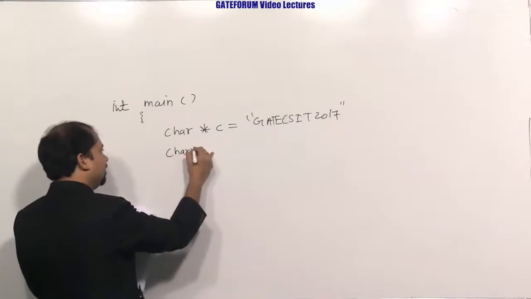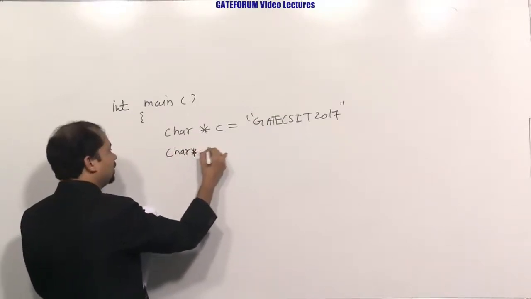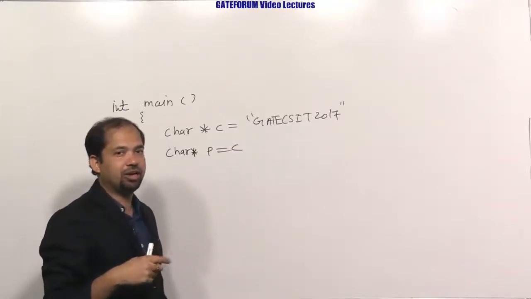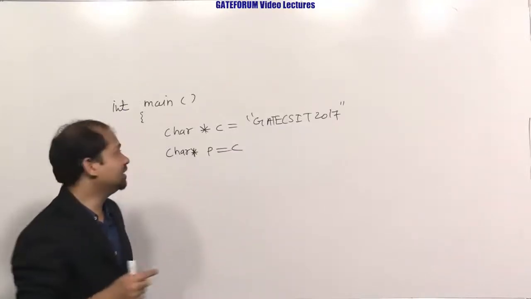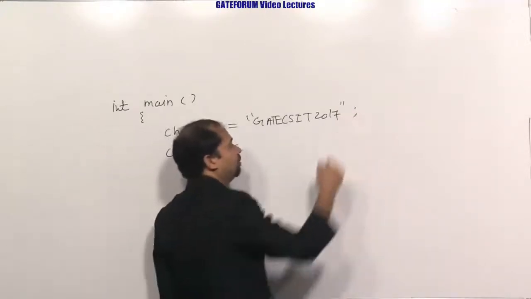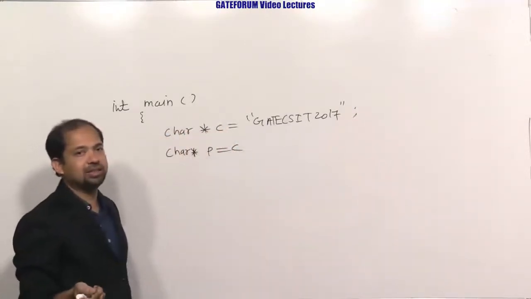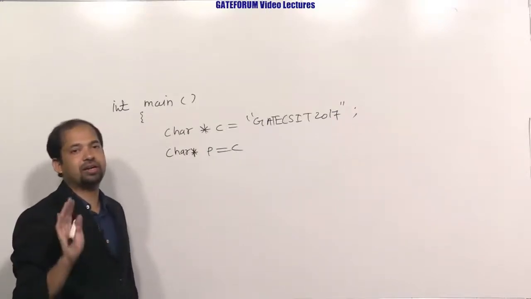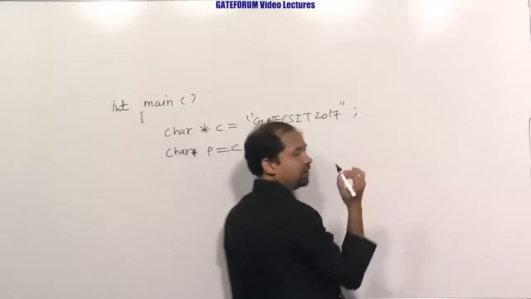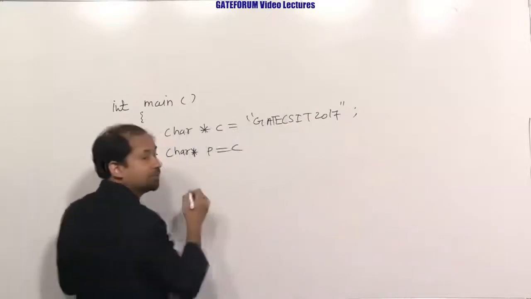If you remember, a string can be represented in two ways: one is using a pointer to character, and another is an array of characters. And remember, there is one more thing here. Let me write the question first.